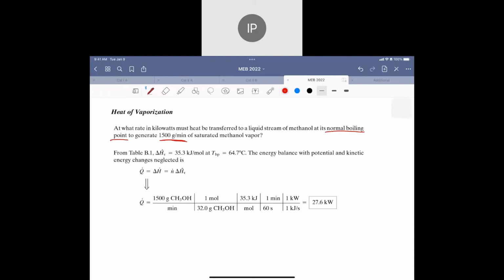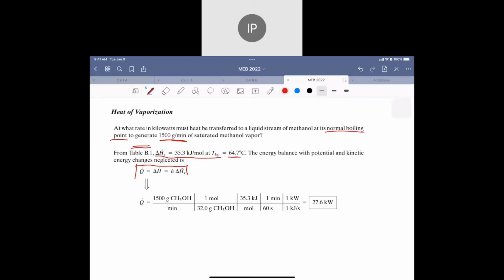So I think we could just focus on table B1. We get the heat of vaporization at this normal boiling point. And we could just directly go to the balance equations, and directly we get the heat transfer that we require, right? So I think nothing is really complicated here.